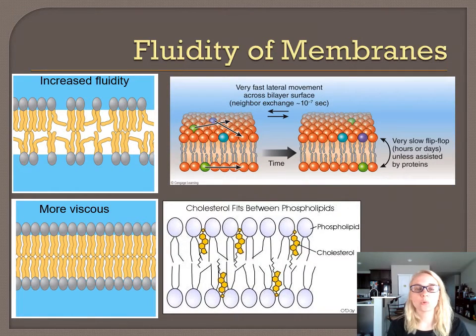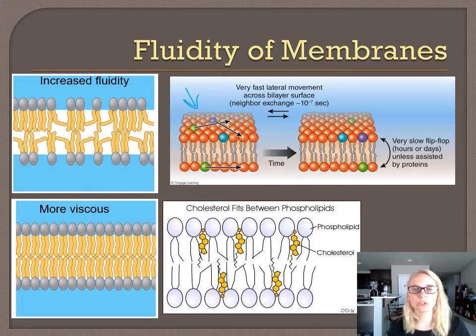Okay. So when we take a look at the variability in these membranes with the phospholipids, we can look at just some of their characteristics once they do produce that lipid bilayer. So in this diagram, I'm going to talk about this one first.